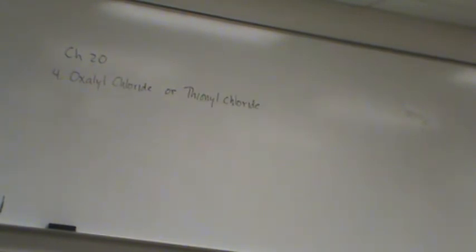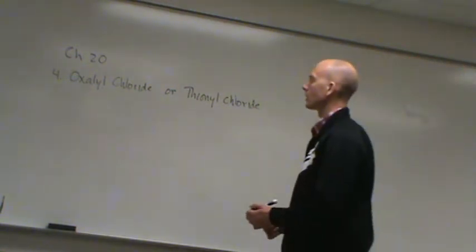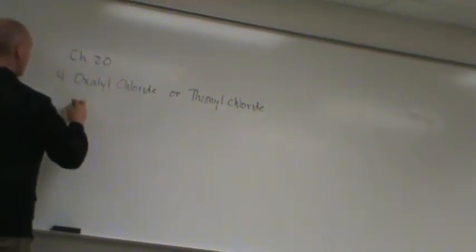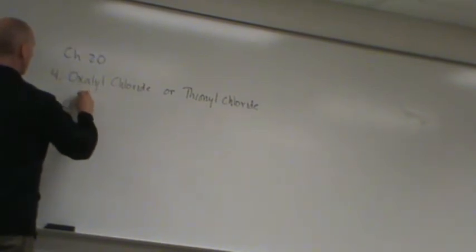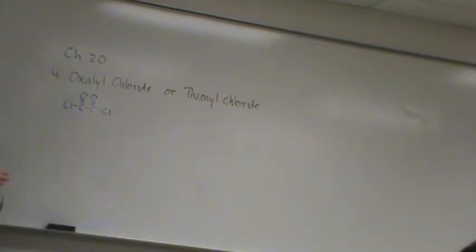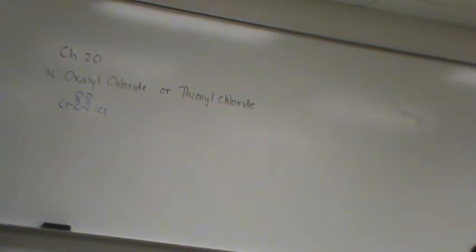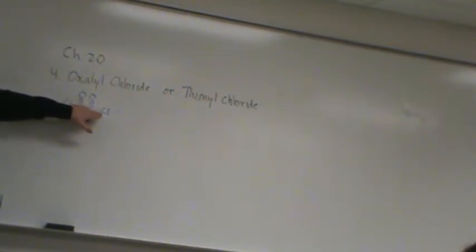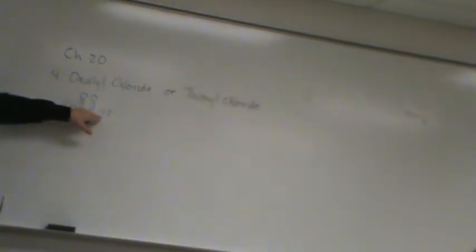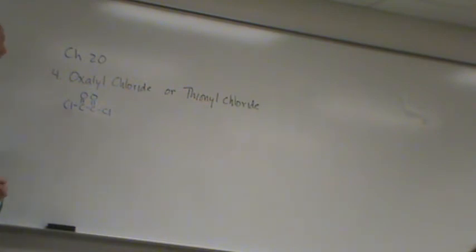Both of these reagents will do the same thing to a carboxylic acid. So let's look at the structures of these. Oxalyl chloride has this structure. You might remember oxalic acid. It's the same thing, but these were OHs. So that's where oxalyl chloride is coming from.